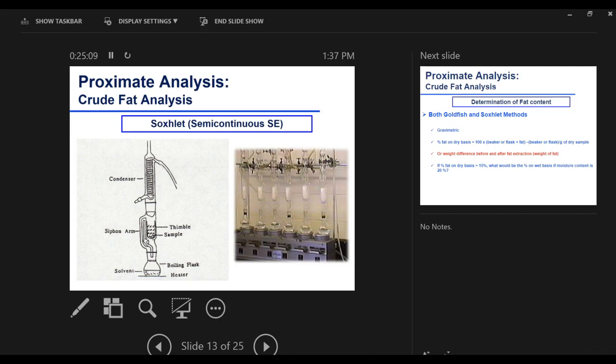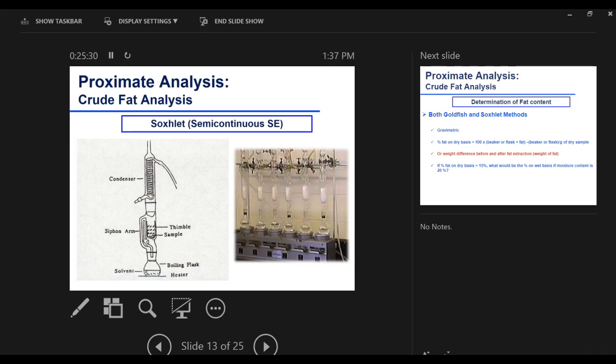Okay, well, the first year I taught this class, I didn't know anything about Soxhlet. It looked safer than goldfish to me. So we set it up not under the hood. Don't ever do that. My TA at the time cranked the hot plate up too high.